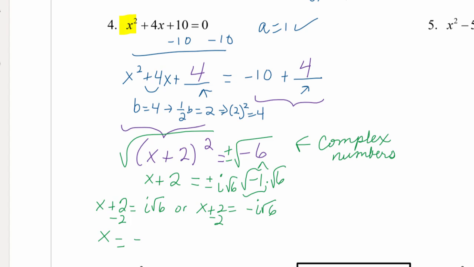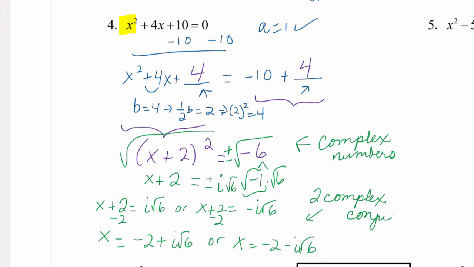Subtract 2 to solve for x. So x equals negative 2 plus i root 6, or x equals negative 2 minus i root 6. And that means that our roots are two complex conjugate roots. Do you remember what that meant?